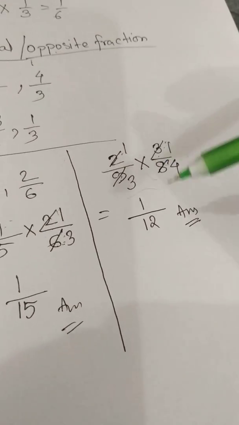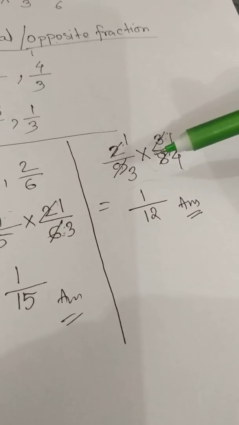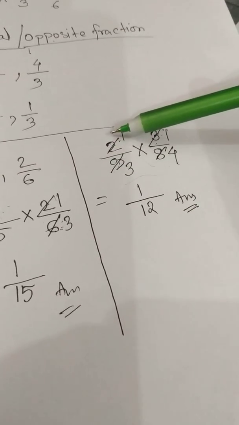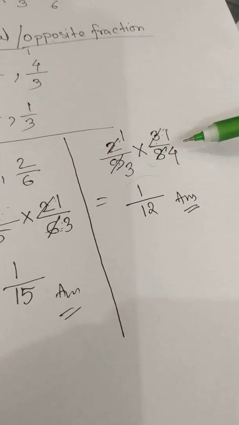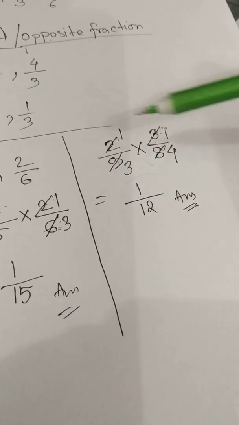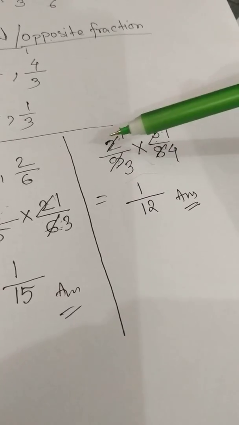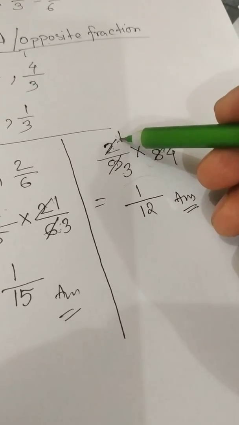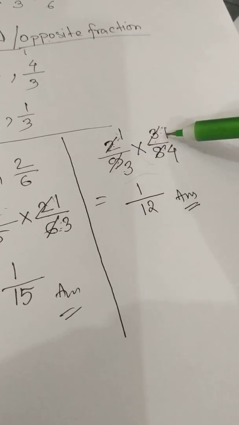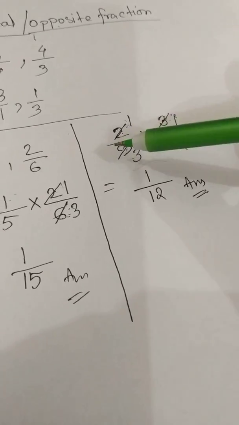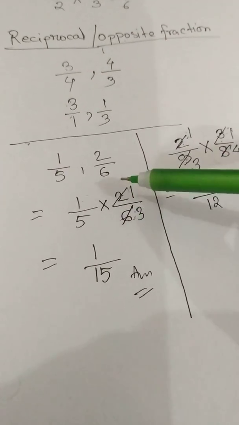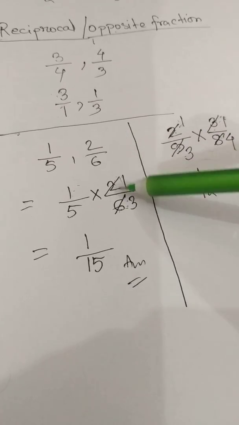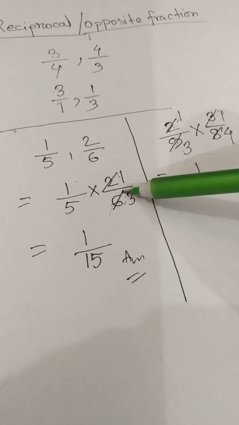Are you understanding? So what we need to do is, fractions can be reduced in two ways. One is up down, the other way is crosswise. So this is an example of up down, where we reduced the fraction up down, like 2 ones are 2, 2 threes are 6.